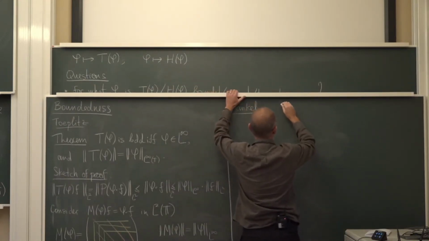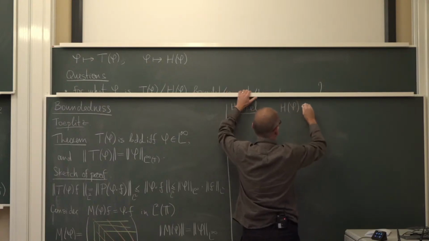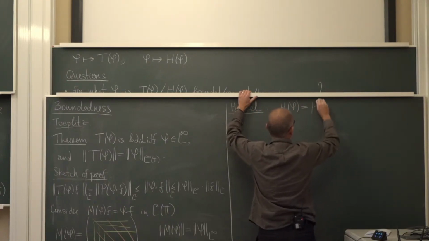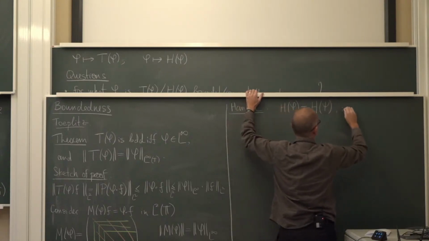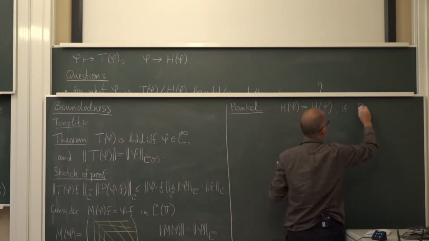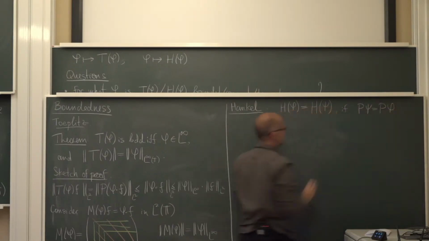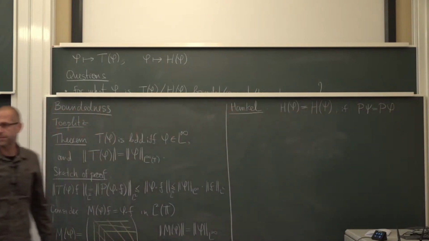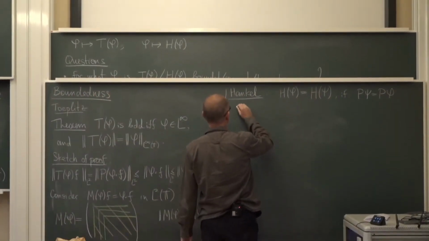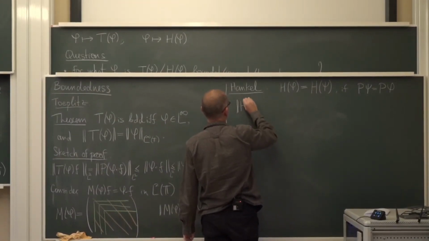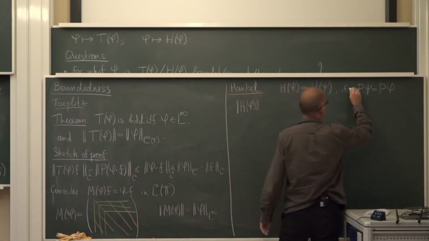Remember that the Hankel operator with the symbol phi is the same as the Hankel operator with the symbol psi if and only if phi and psi have the same analytic part. And now, if I look at the norm of the Hankel operator, if and only if, exactly, thank you.